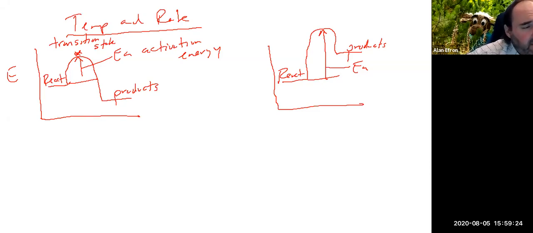Things like to be in lower energy, and that's why those things will typically drop down relatively quickly. So remember as well that not all collisions will result in products being formed. They do need to collide with each other in the right orientation. They also need to have that minimum amount of energy to allow the reaction basically to occur.